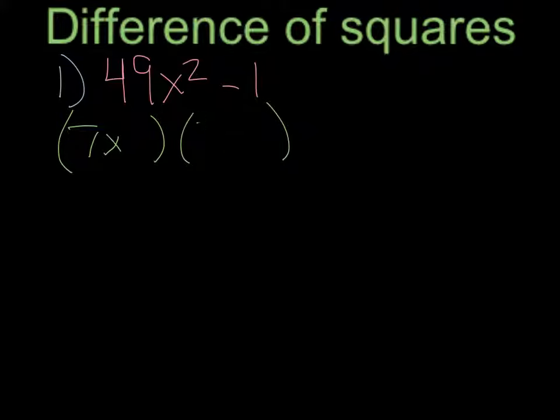So you're going to have a 7x plus 1 in one box and a 7x minus 1 in the other box. So if you multiply it back out, you should get 49x squared minus 1.